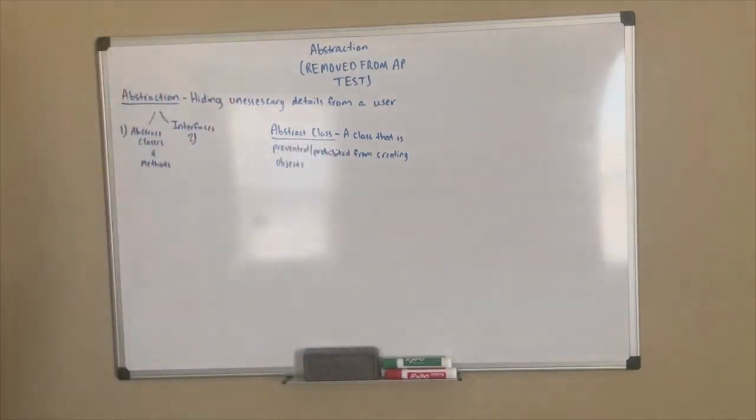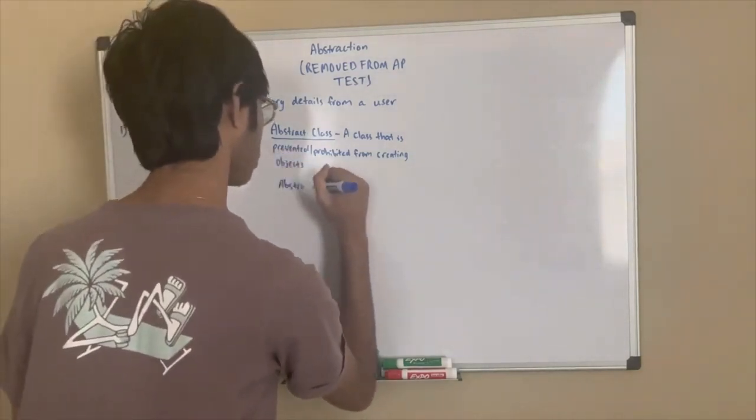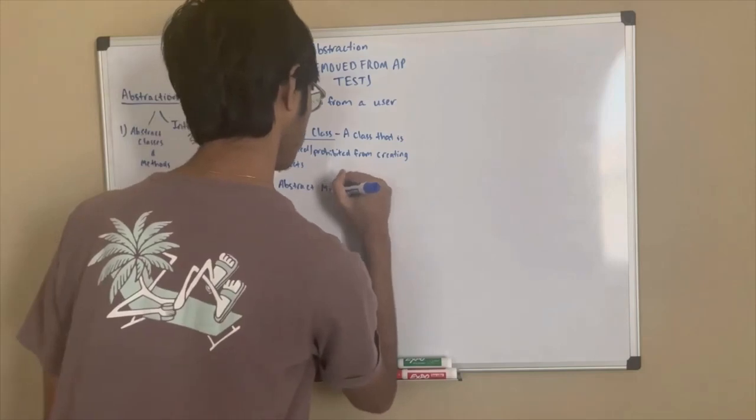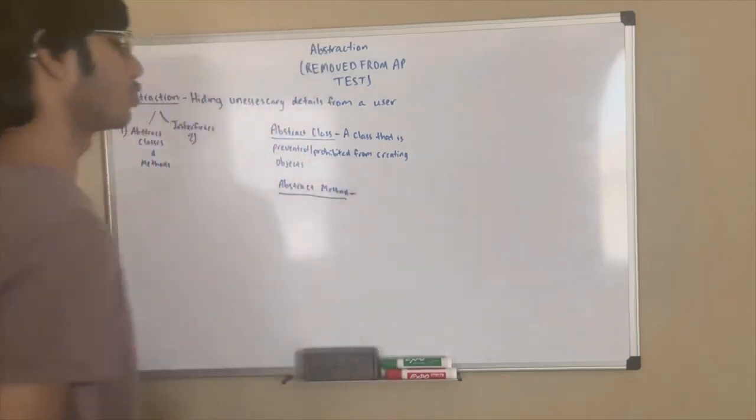A class that is prevented or prohibited from creating objects. Then, we have an abstract method. I feel like it's always helpful to get some terms down before I start giving hands-on demos of them.